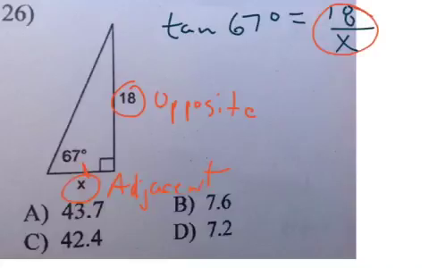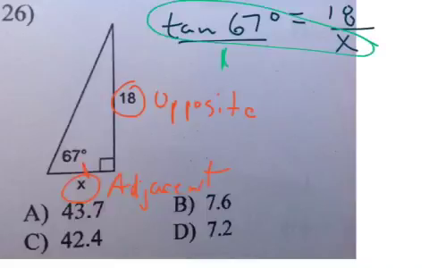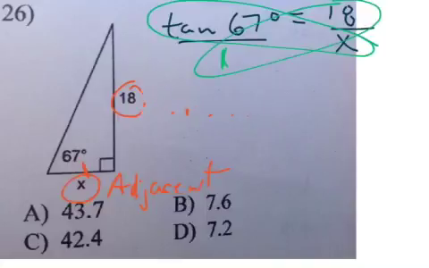Let's put tangent of 67 over 1, and then let's just cross multiply.